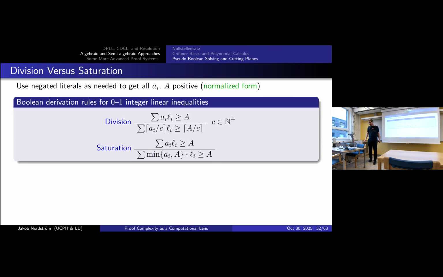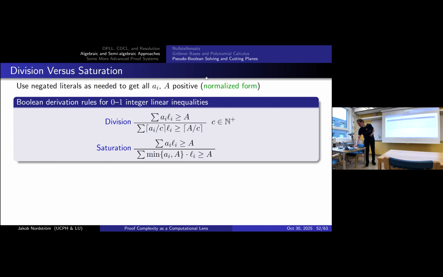So some algebraically motivated questions. The rule we had for cutting planes that does Boolean reasoning is the division rule. Another rule that people use, which mixed integer programming people would call coefficient tightening and some people call saturation, works as follows.